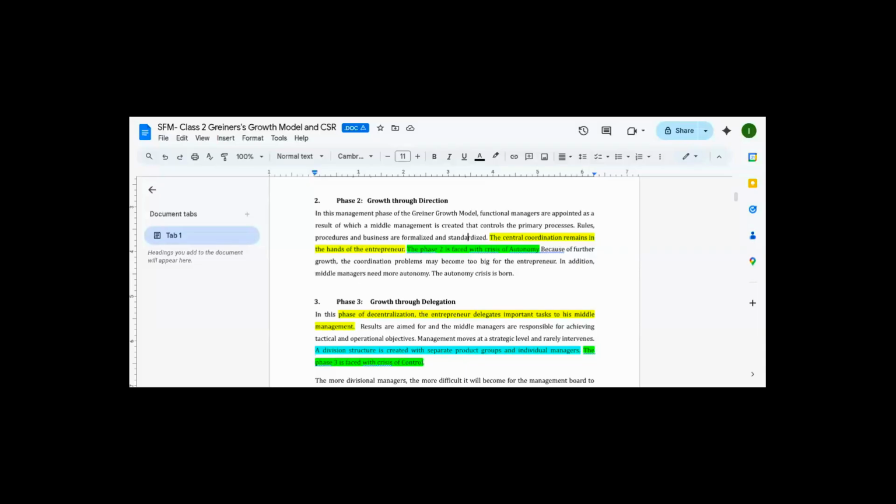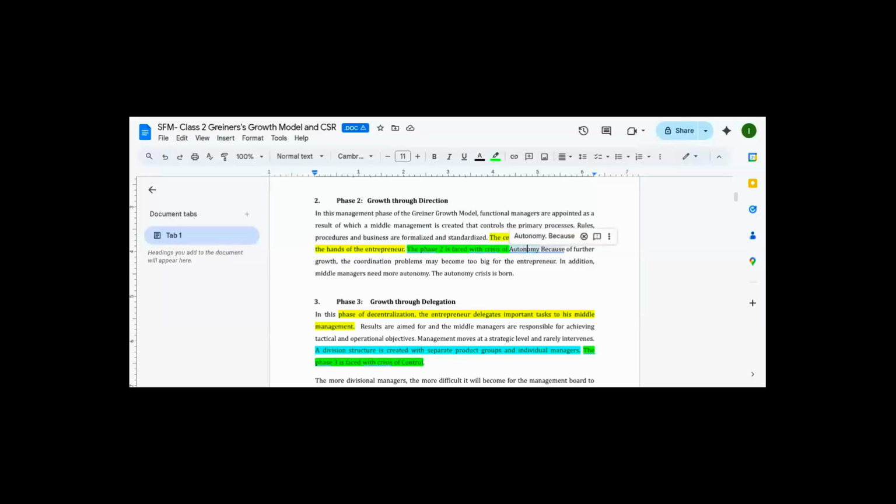And we should know that despite the fact that we are delegating some little responsibilities and we have procedural rules and standards in place, including a formalized structure, the problem still lies in that the central coordination remains in the hands of the entrepreneur. And that makes phase two experience a crisis of autonomy.